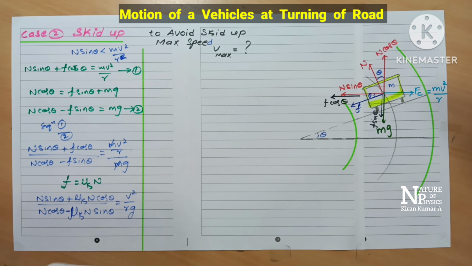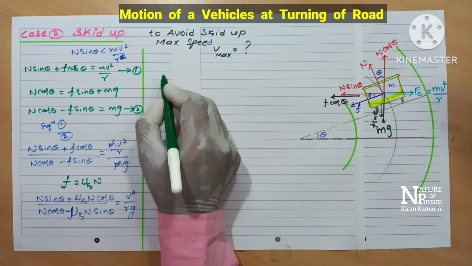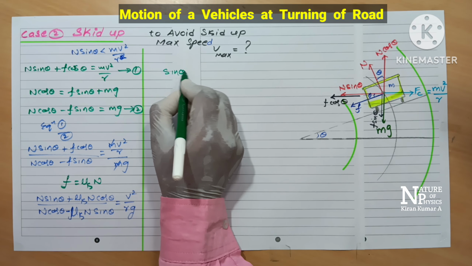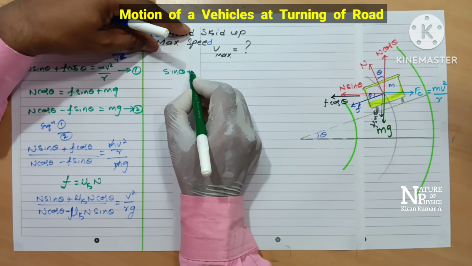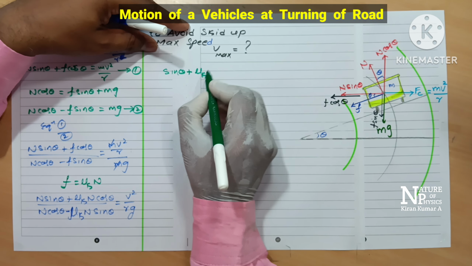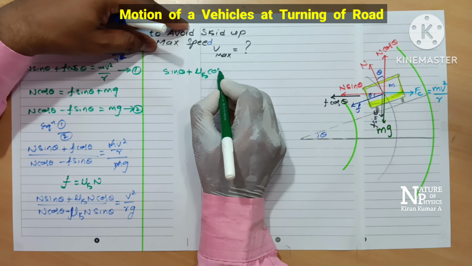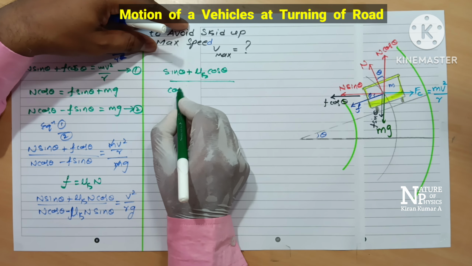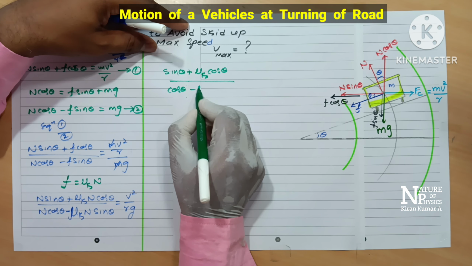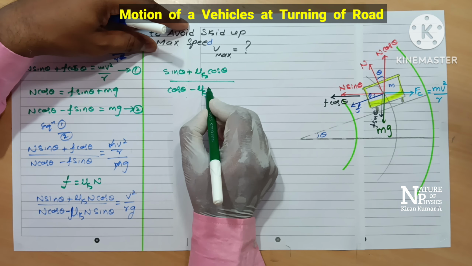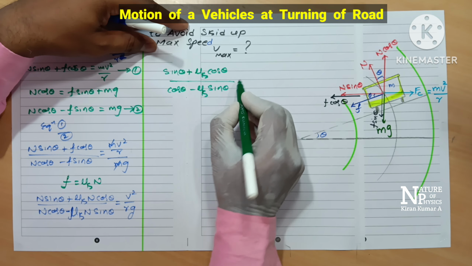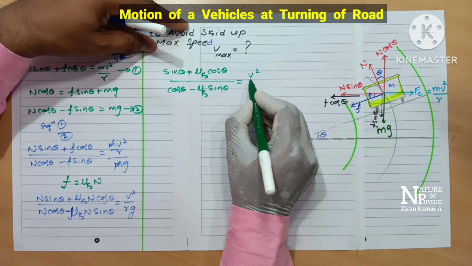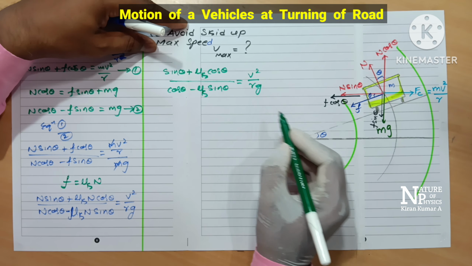Okay, the normal reaction is common in numerator and denominator and cancels, so sin theta plus mu k cos theta divided by cos theta minus mu k sin theta is equal to v square divided by rg.